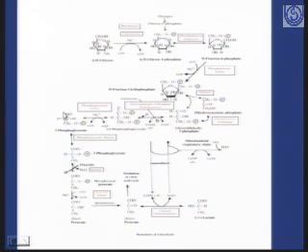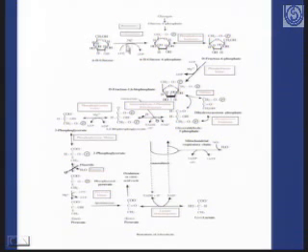I need a pointer. Here's the pointer. You can start from here. So when glucose gets converted to glucose 6-phosphate, a molecule of ATP is used. Remember, whenever you're using kinases in any chemical reaction in the body, it usually involves ATP, GTP or any other phosphate.